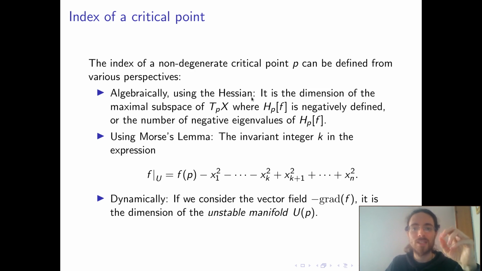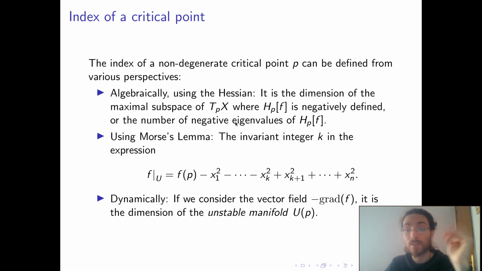You take the Hessian of your function, the second derivatives matrix at your critical point, and the index of P is the number of directions in which the Hessian is negatively defined, or equivalently you can just count the negative eigenvalues.